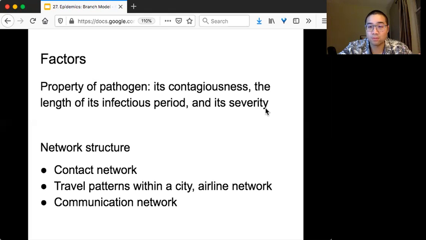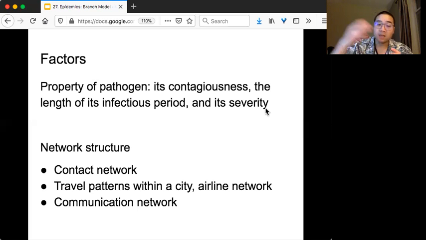And the more important factor that we kind of ignore because it's so subtle is the underlying network structure. Remember last time we talked about society, the interaction network; that's a network. In terms of epidemics, we care about the contact network. That's why people are talking about contact tracing: if I contact you and I got a virus, it's very likely that you will get it if we are very close.